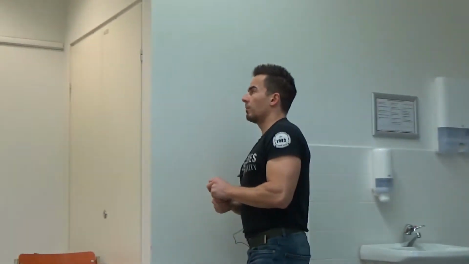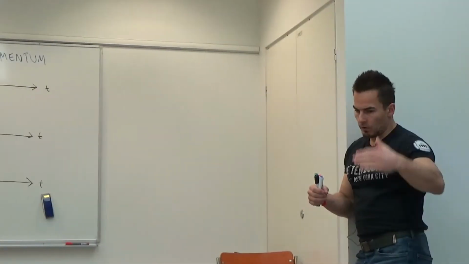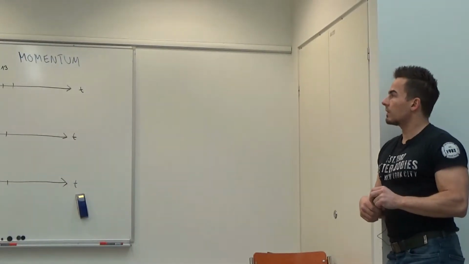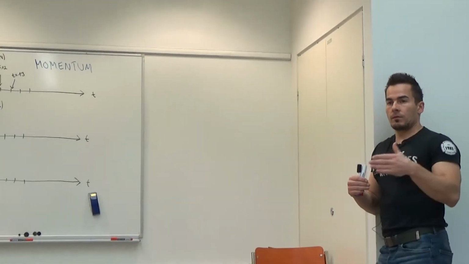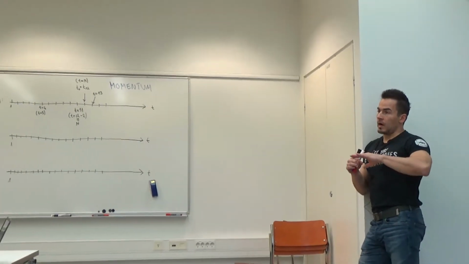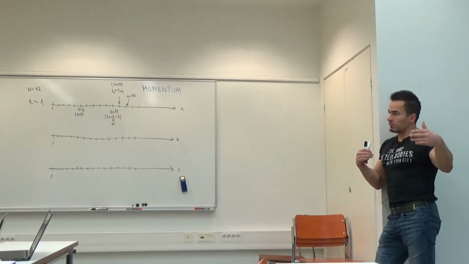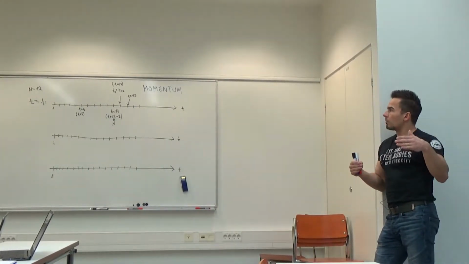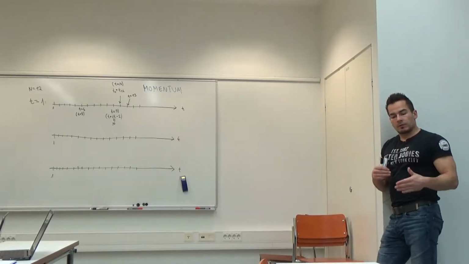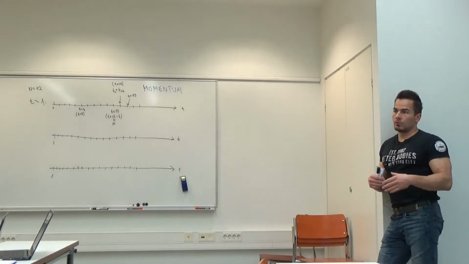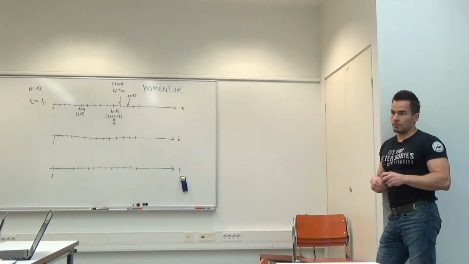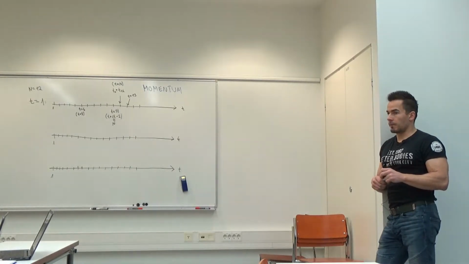What Jegadeesh and Titman, in their '93 paper, figured out is that stocks in the US that generated high returns in the past, let's say over a 12 month period, that have high cumulative returns in the last 12 months, tend to outperform those stocks that generated very low or negative cumulative returns during the last 12 months. So that's the momentum effect.